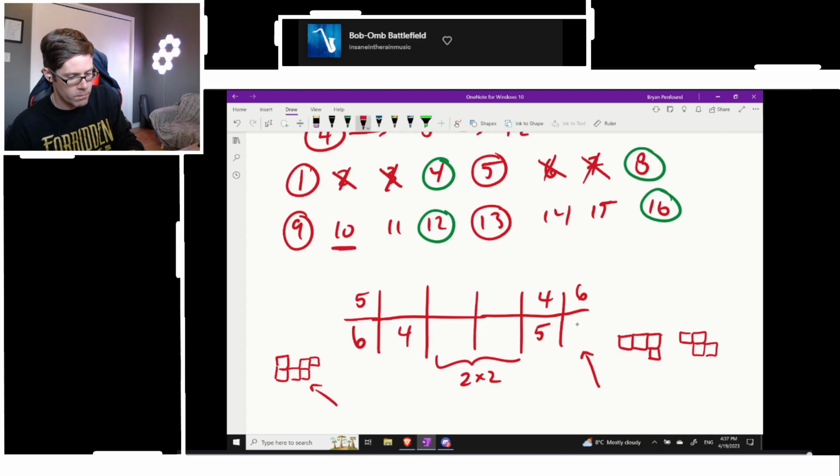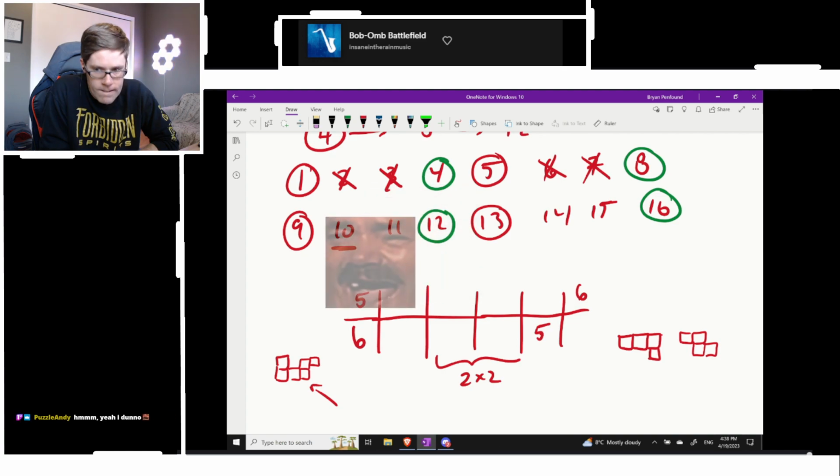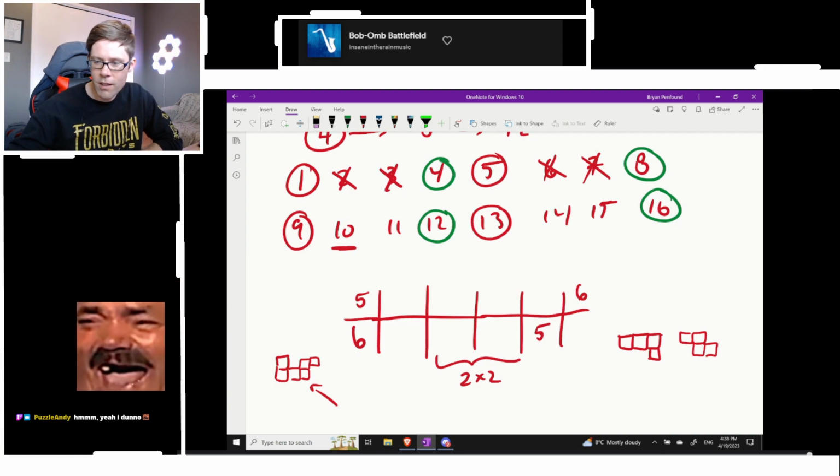That wouldn't work. 1, 2, 3, that won't work. So you have nowhere to put the 4. But that seems like a lot of proof business.